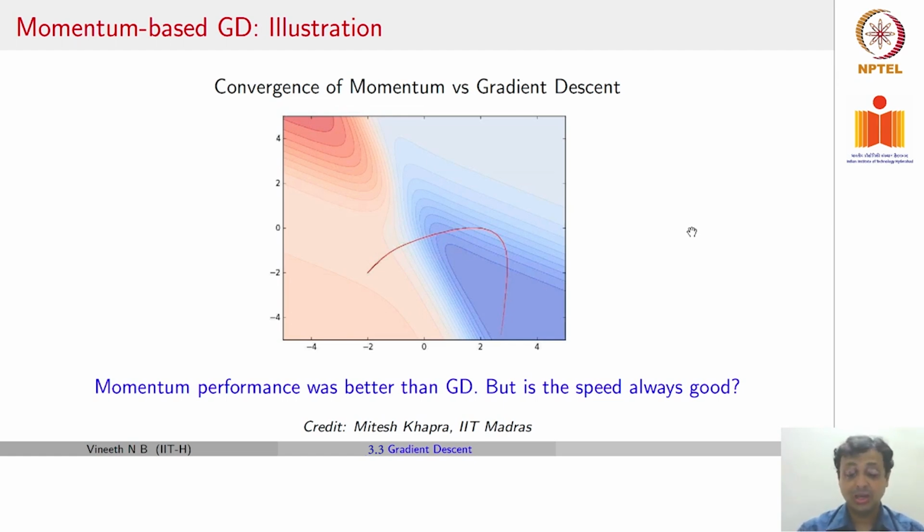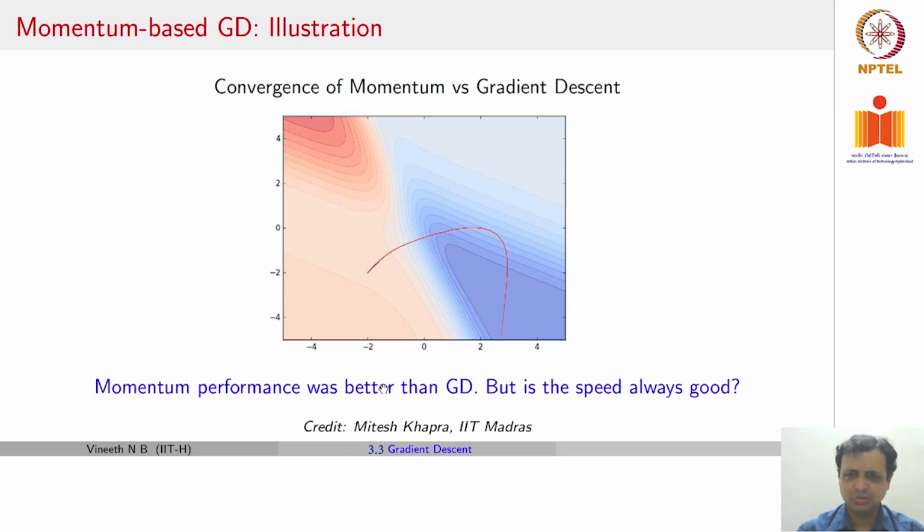So clearly, the momentum performance was better than GD. In fact, we will mention later what step and what error there was in this particular example. But it seems to make sense that momentum goes faster than GD in this scenario.